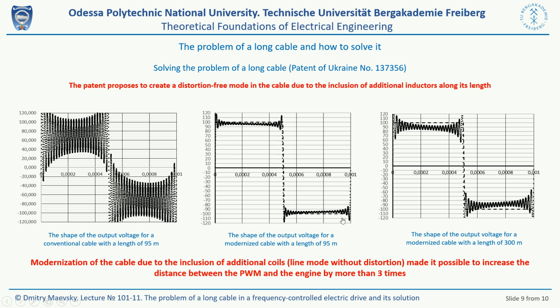Moreover, as can be seen in the third diagram, this shape continues to remain rectangular even at a distance that is 3 times greater, up to 300 meters. Thus, the modernization of the cable by including additional inductors made it possible to increase the distance between the frequency converter and the electric motor by more than 3 times.